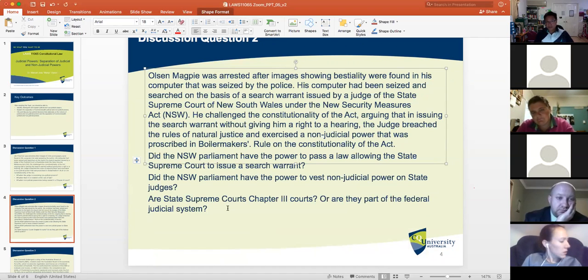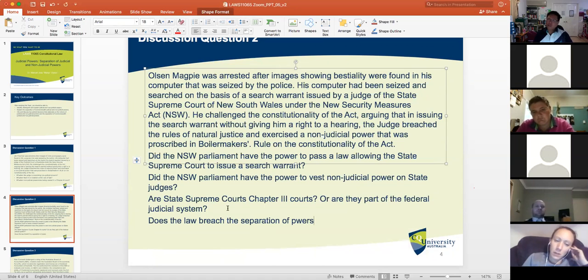So if we simplify it, the question as pointed out by Jamie really is, does the law breach the separation of powers? But why was that, Jamie? Well, I was thinking it would be to do with the separation of powers again because, hang on, I'm just getting back to my train of thought here. I'm just rereading it again, sorry.